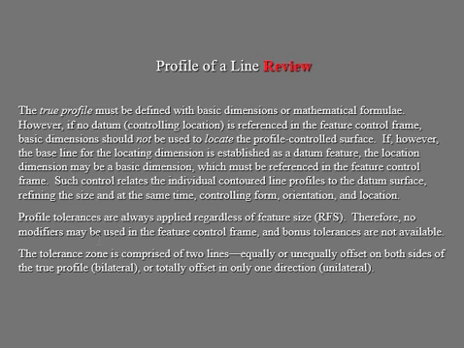If you get that, I'll be very happy. And so no modifier is used in your feature control frame. You don't need the bonus tolerance because there's no modifier, so you don't have to worry about the bonus, so that's good. And your tolerance zone is comprised of the two little lines, which I've already shown you so many times, equally and unequally offset. So you have bilateral or unilateral offset.